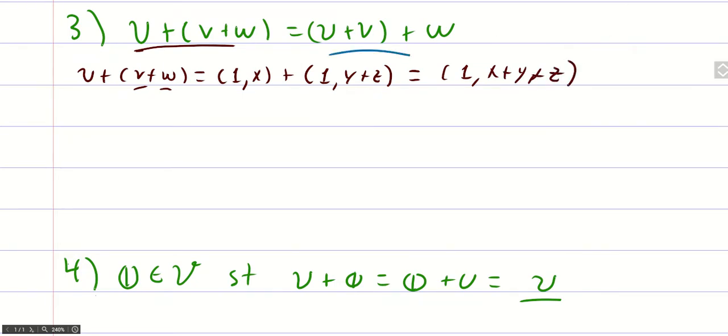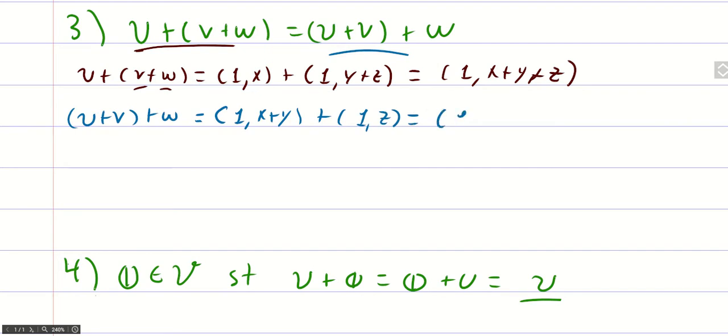And then the right hand side of this expression will be U plus V, plus W. So this is equal to (1, x plus y) plus (1, z). And then when we sum these vectors, we obtain (1, x plus y plus z). And you can see that both of these vectors are the same, so this property holds as well.